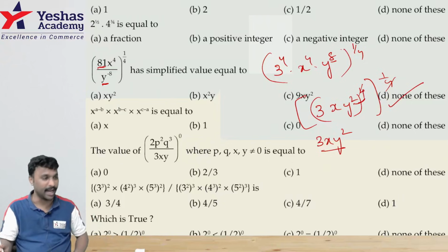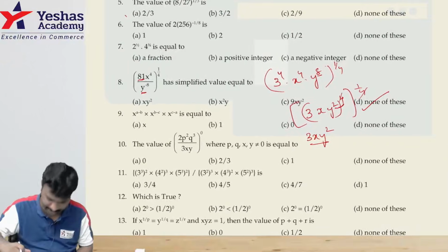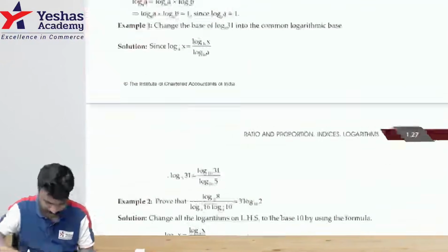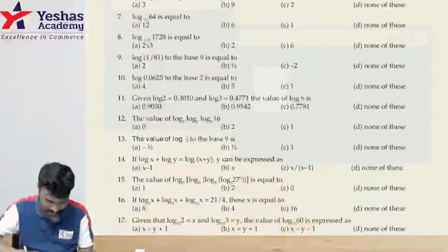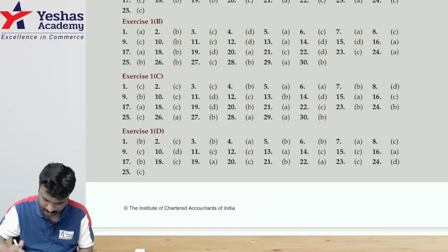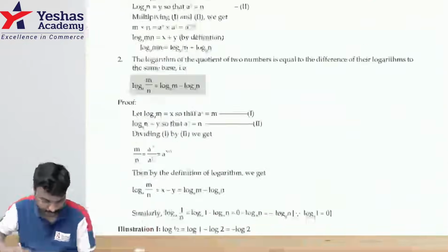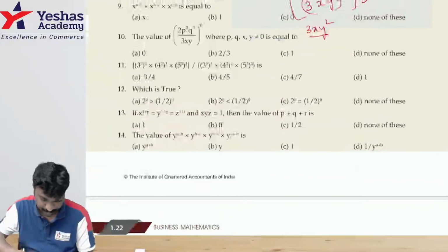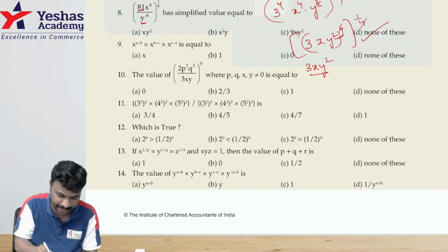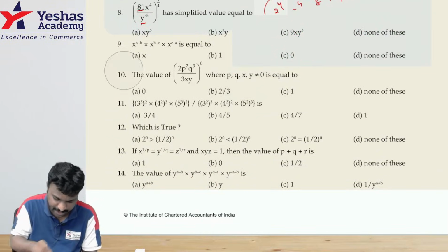Correct? Option D. Question number 8, it's option D. Let me just check. Yeah, question number 8, option D is perfect, because we get an answer which is not present in any of the options. So none of this is the right answer.